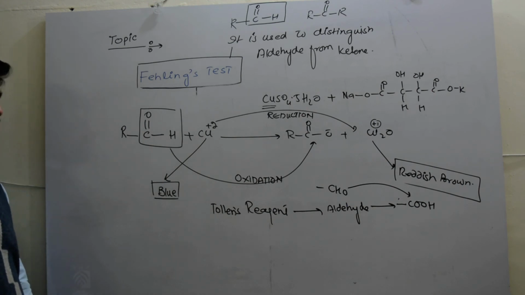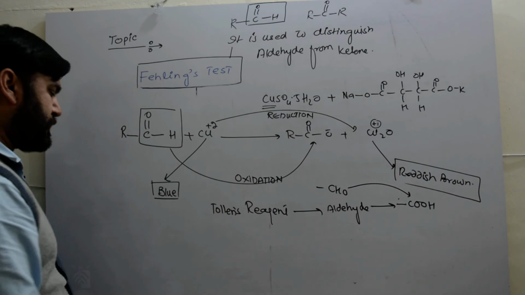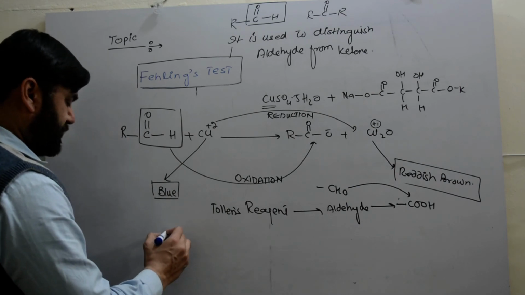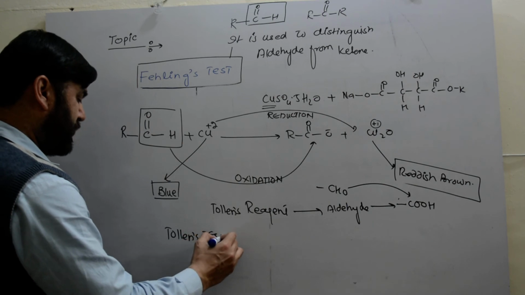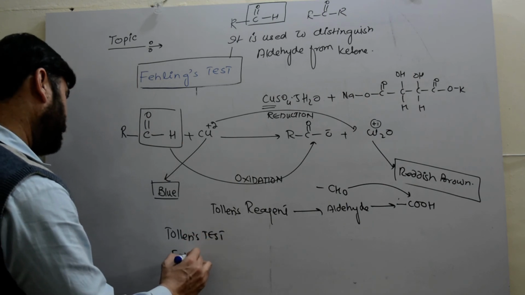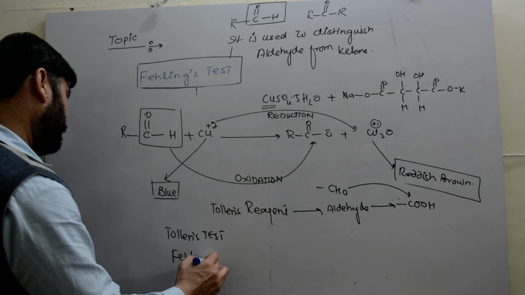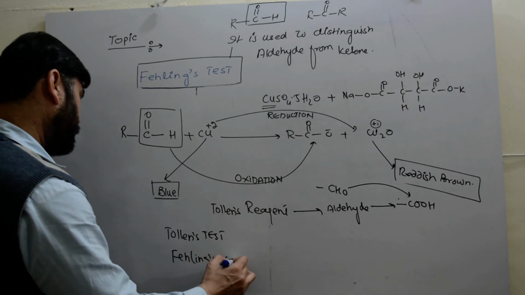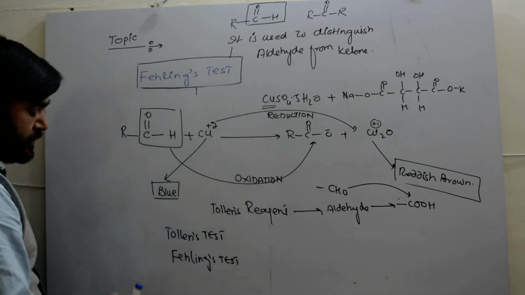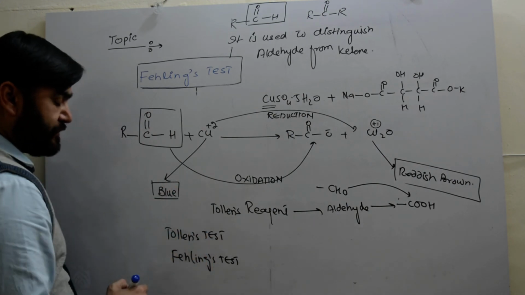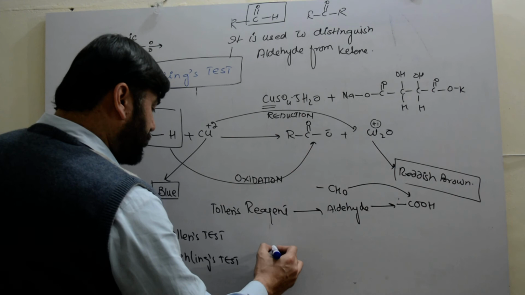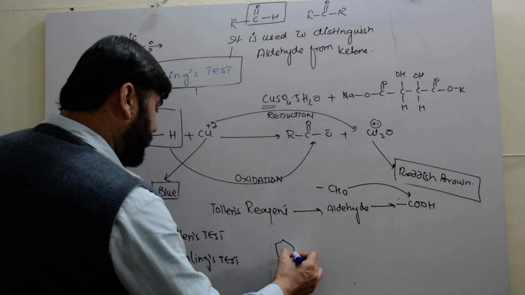One thing very important, let's discuss it. Suppose you have two tests, Tollens' test and Fehling test. We can say that Tollens' test is more powerful than Fehling test. Suppose there is a reaction of benzaldehyde.